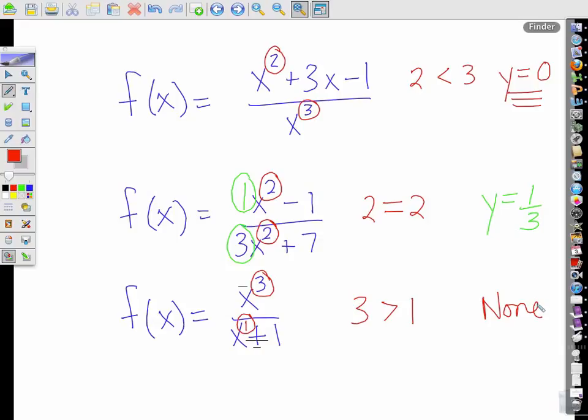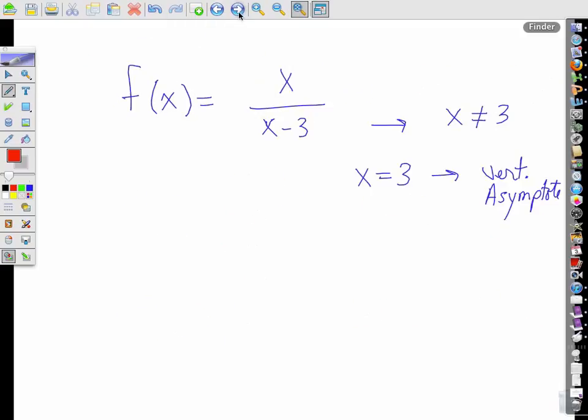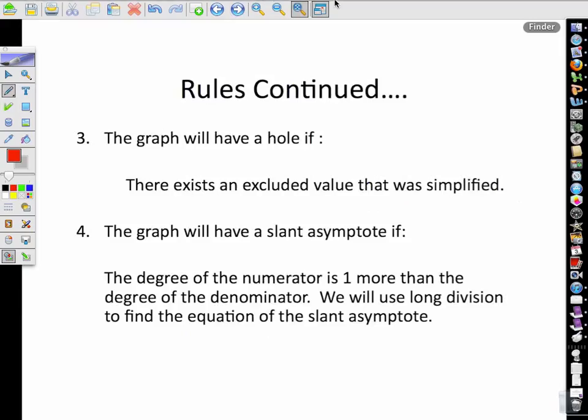These are the 3 types of examples that you'll be dealing with when you're trying to find your horizontal asymptote. There can only be one horizontal asymptote at one time. In fact, you may see that there are plenty of times when you do not have a horizontal asymptote at all, and it's because the top power is larger than the bottom.